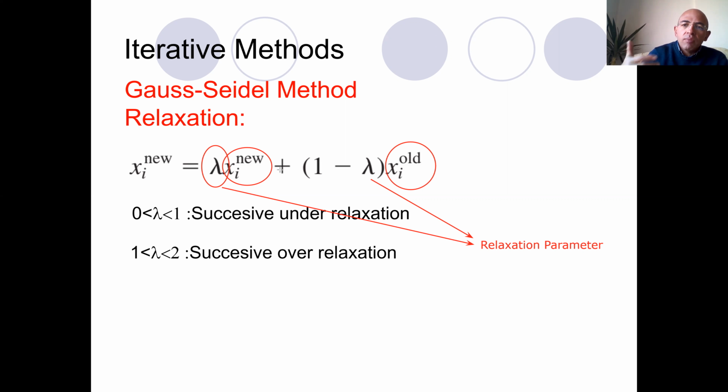In fact, this means that you think you are in the right direction and you want to reach the solution much faster. This basically means you will have fewer iterations, and in this case you have lower CPU time. So this is how relaxation is used.